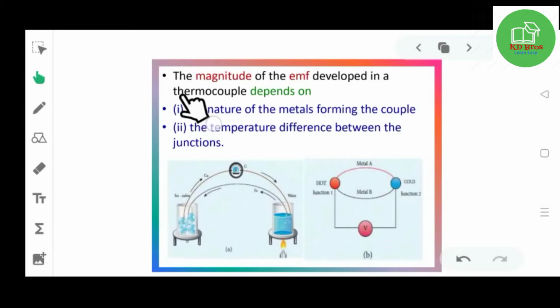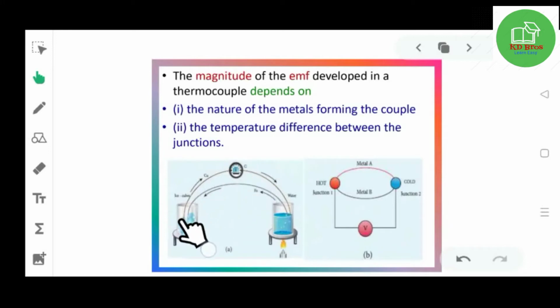Now the magnitude of the EMF developed in the thermocouple depends on two factors. One is the nature of the metals forming the couple. The second one is the temperature difference between the junctions. See here, they have taken two conductors, one copper and the other iron.